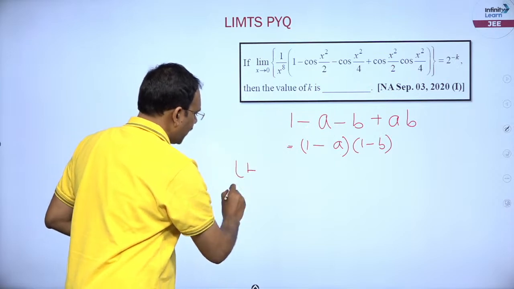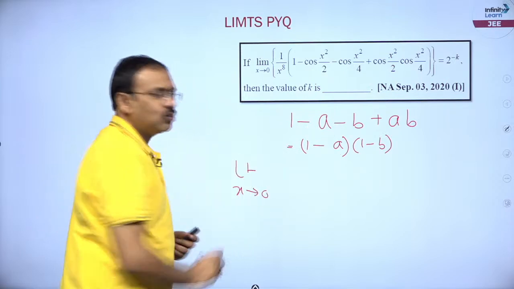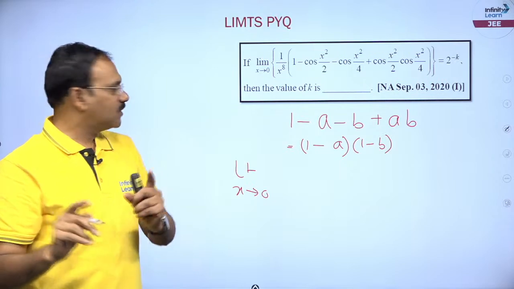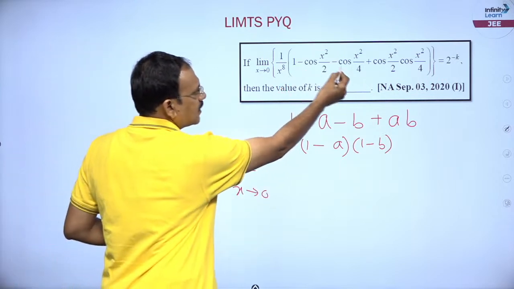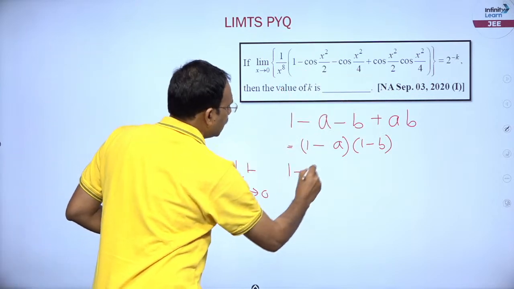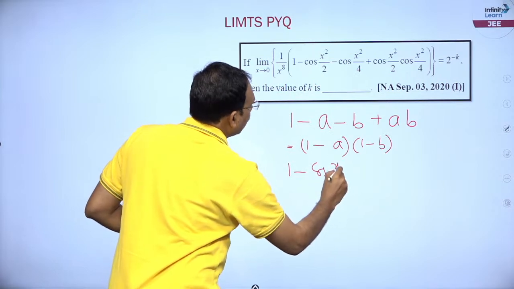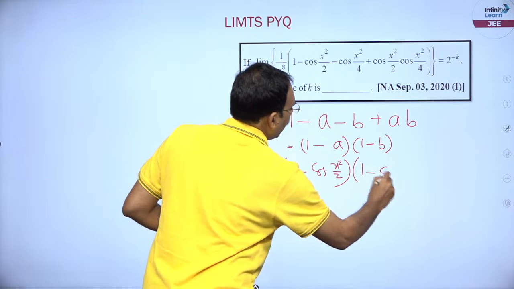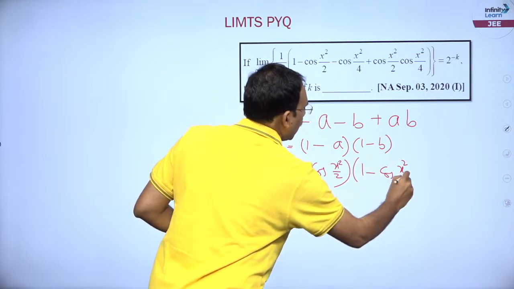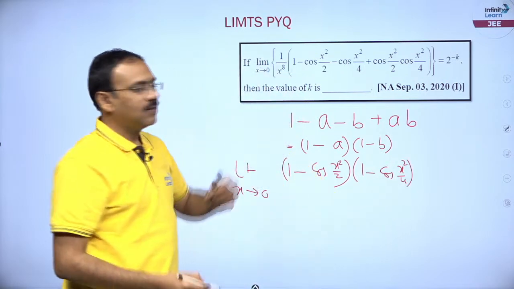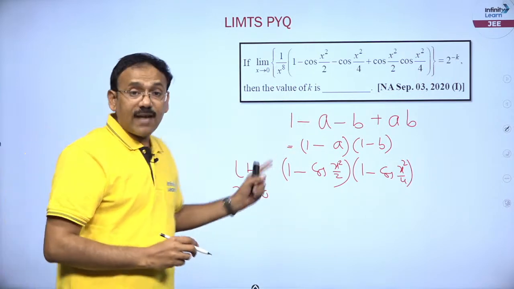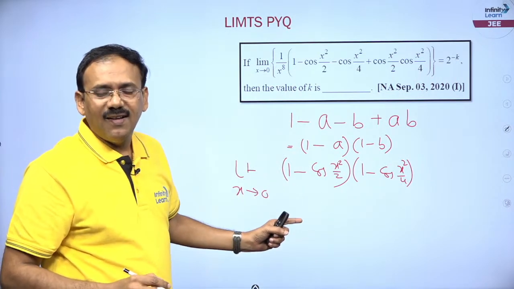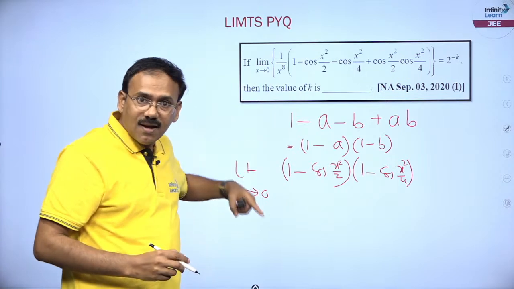So what I do is, let me close this problem in 2 steps, just 2 steps. Step 1, 1 minus a minus b plus ab. So 1 minus cos of x square by 2 multiplied by 1 minus cos of x square by 4. This is like 1 minus cos theta, so I just want by theta square.